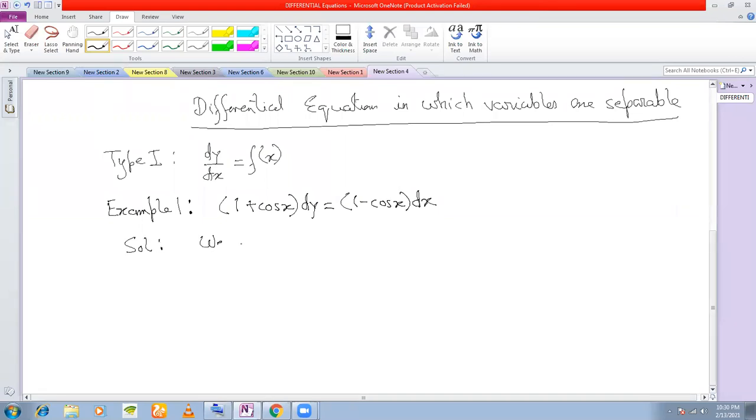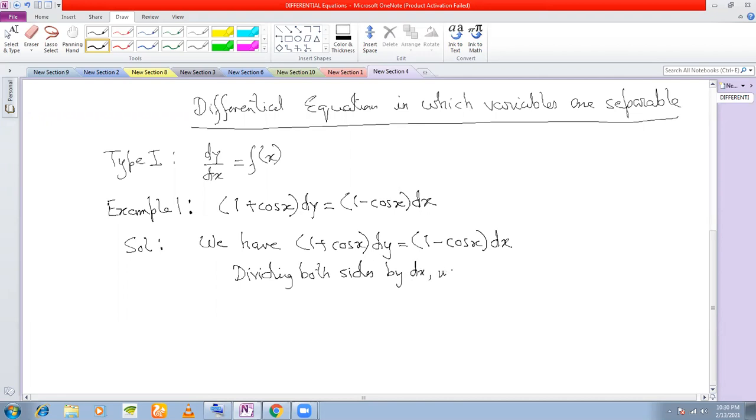So we have (1 plus cos x) dy is equal to (1 minus cos x) dx. Dividing both sides by dx, what do we get?